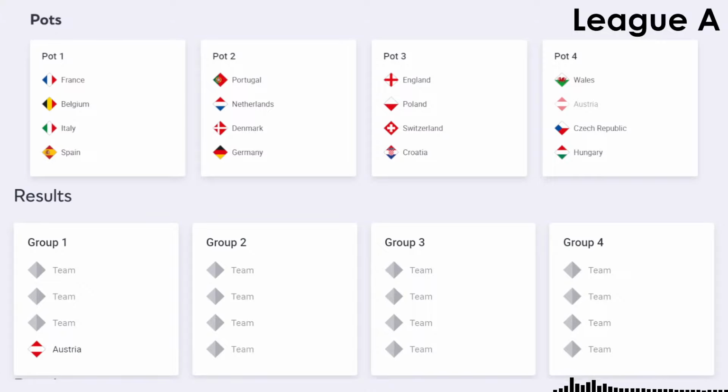Czech Republic on Group A2. Hungary on Group 3. Wales joined Group 4, the last nation in the pot. So Group 1 Austria, Group 2 Czech Republic, Group 3 Hungary and Group 4 Wales.